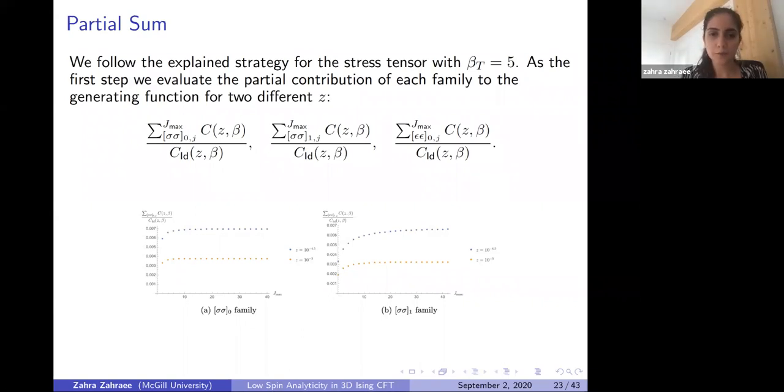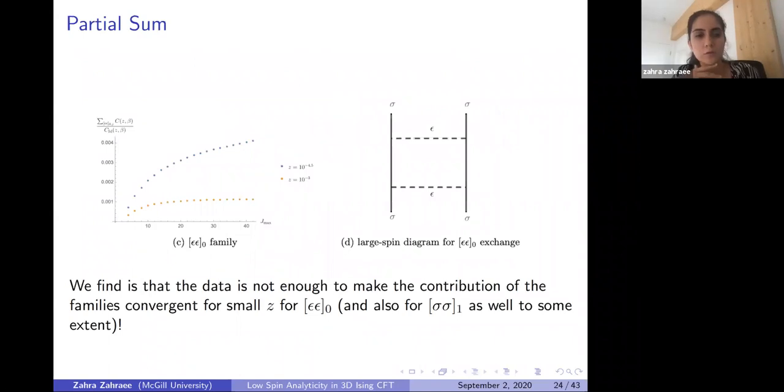We see the contribution of the sigma sigma 1 family, for z equal 10 to the minus 4.5, is not as convergent as sigma sigma 0, but it's still acceptable. However, once we go to epsilon epsilon 0, we see that the convergence is lost and we need higher terms in the partial sum to make the family convergent.